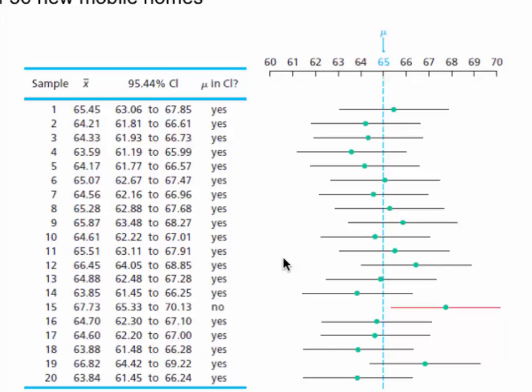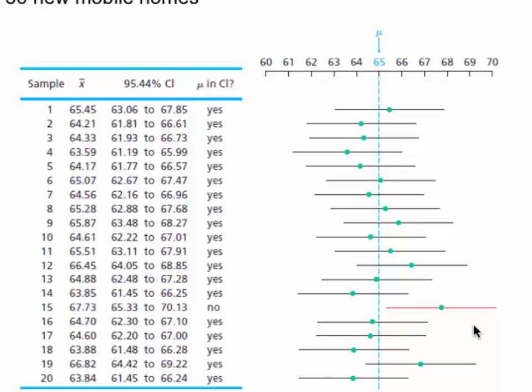One of those out of the 20, one sample was extraordinarily large. On average, everything sampled in that one was really large compared to the population.